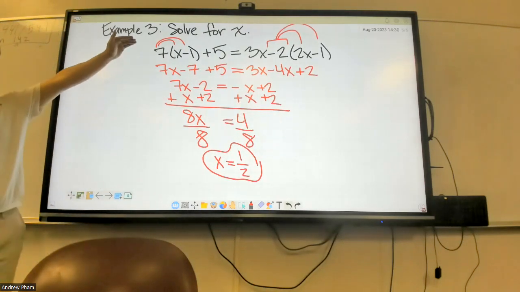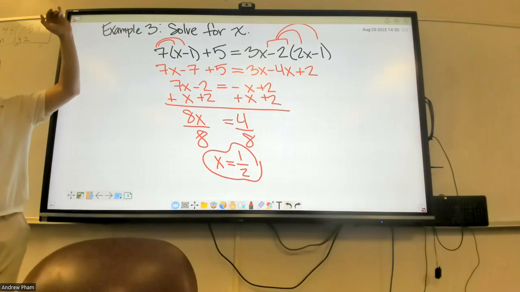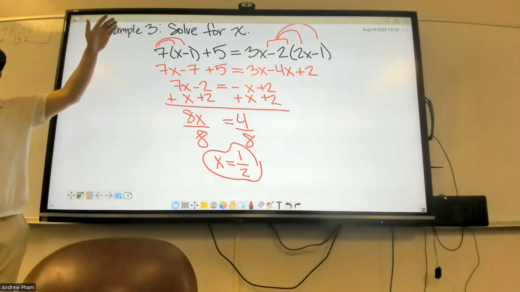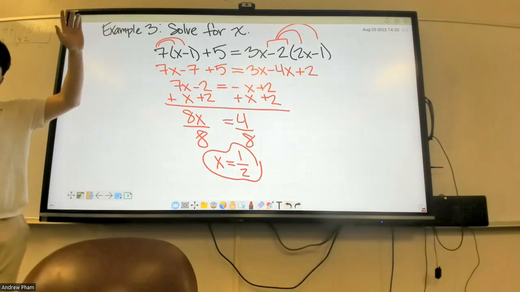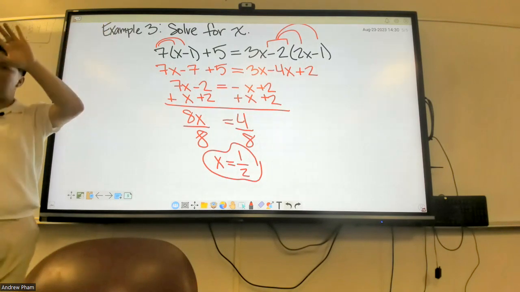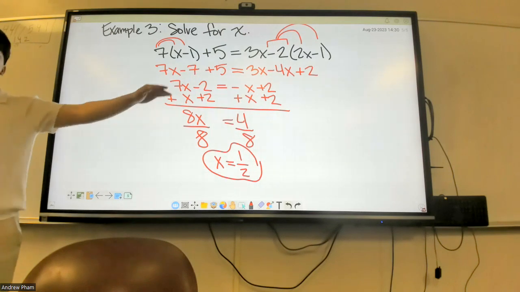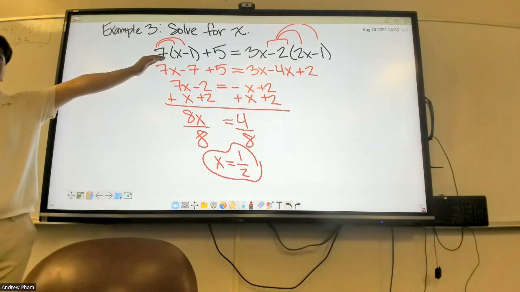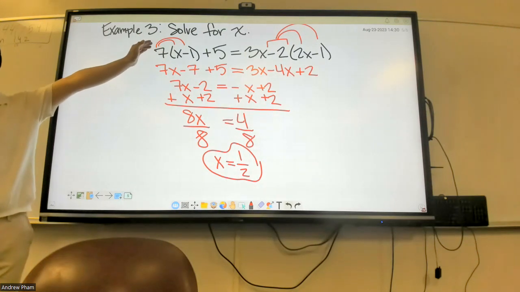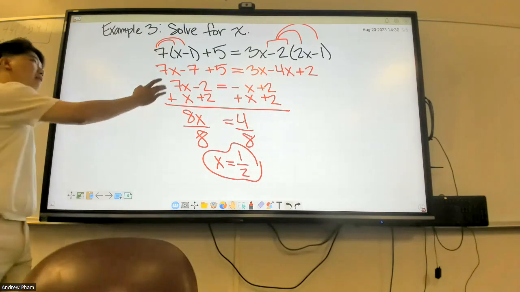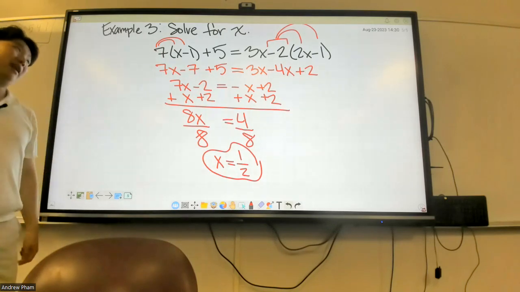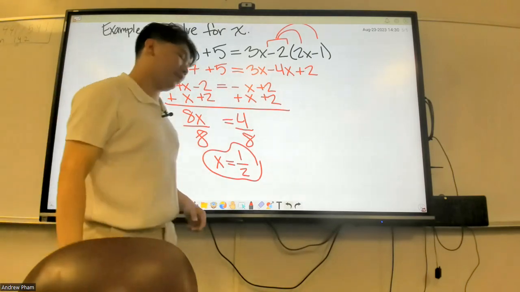All right, so we have this original problem, right? One thing that I'm noticing is that there's a pair of parentheses. And usually I want to try to make this look as clean as possible. So that is getting rid of the parentheses. So on the left, to get rid of these parentheses, I can multiply this 7 out. 7 times x, 7x. 7 times -1, -7.